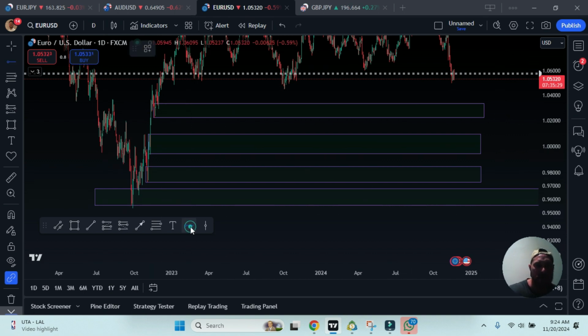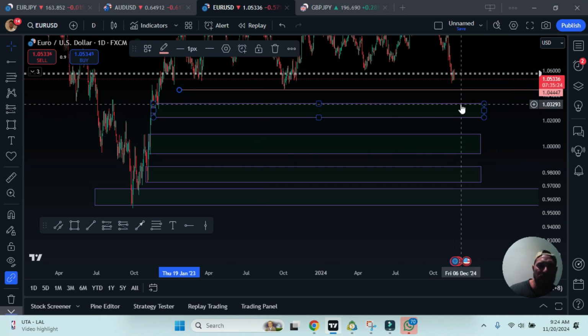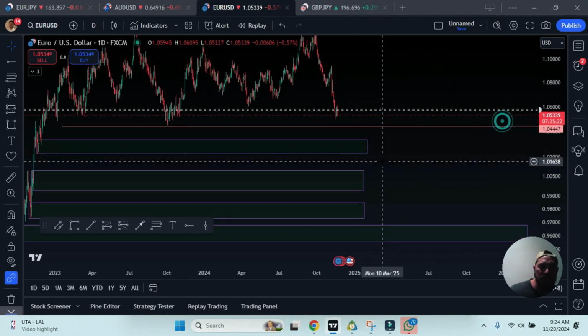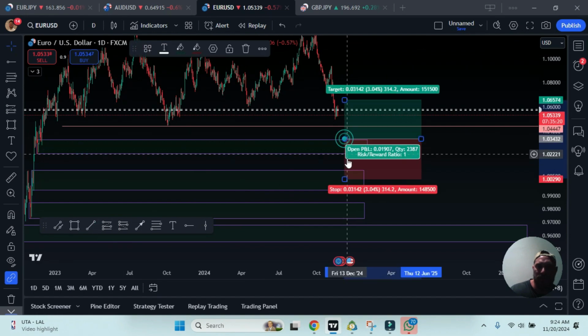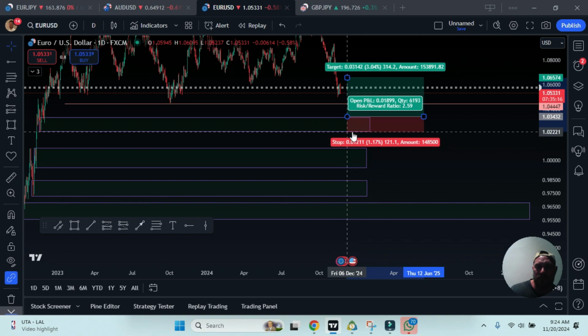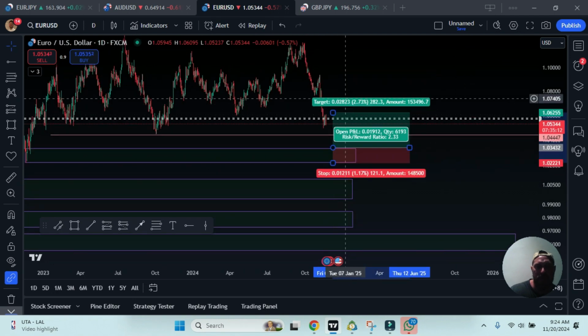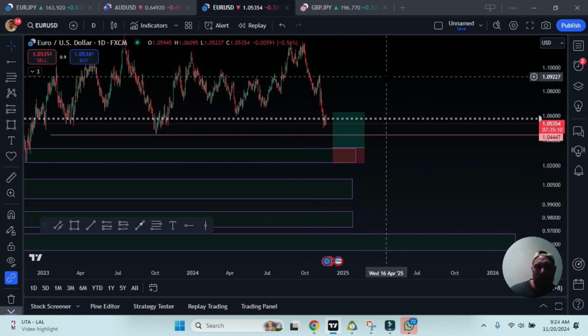So where is liquidity? We break this liquidity and we pull down into this order block. We could potentially look for an entry here for a retest of the bottom side liquidity, which would look something like this.